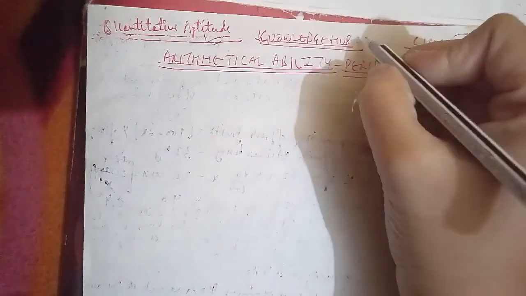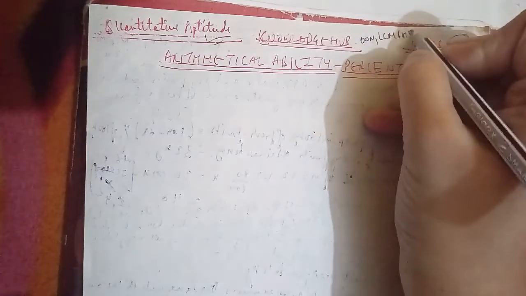In arithmetical ability we had done operations on numbers, LCM and HCF of numbers, decimal fractions, simplification, averages, surds and indices, problems on numbers, problems on ages, and percentage that we are dealing with here.